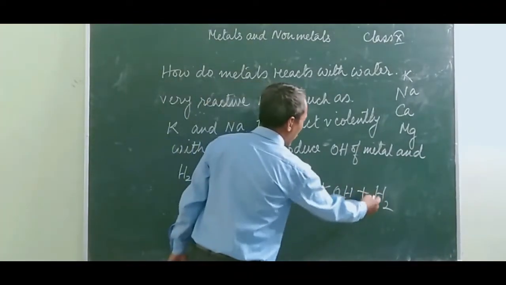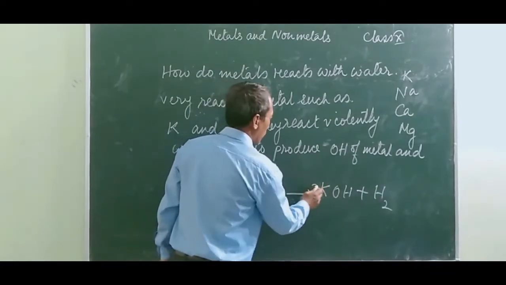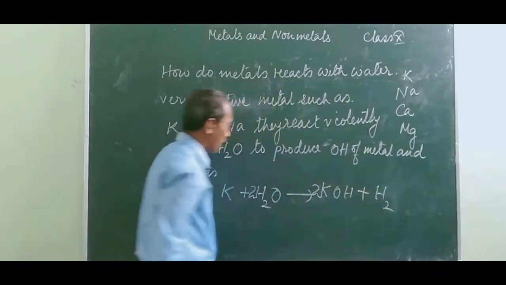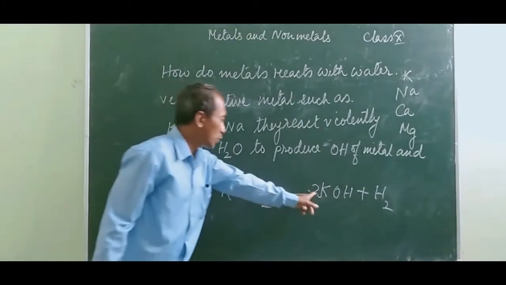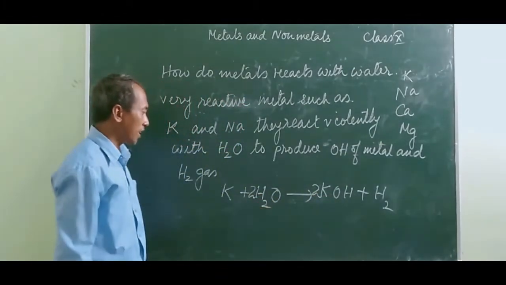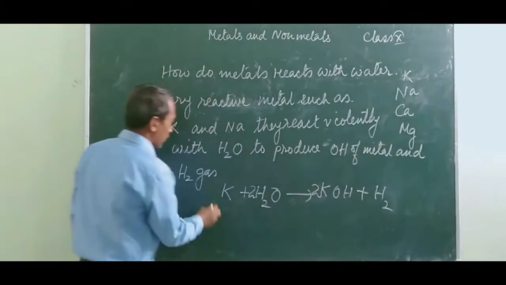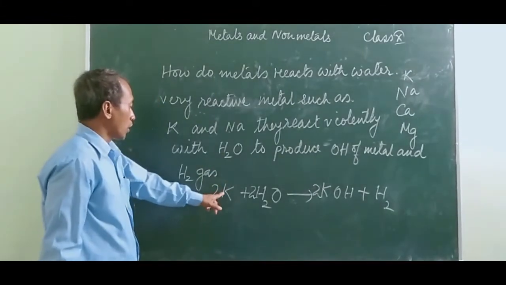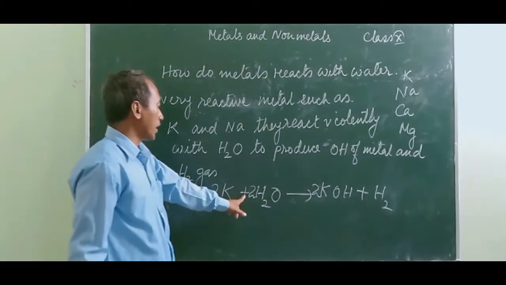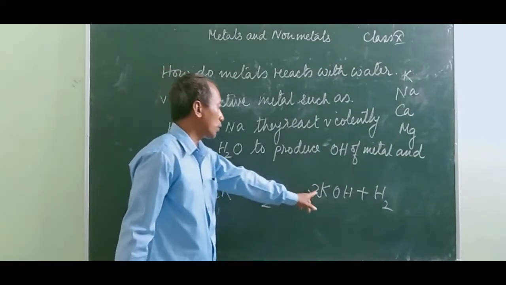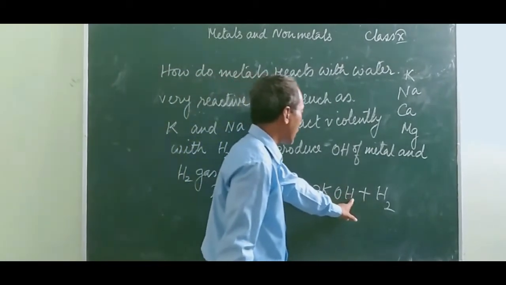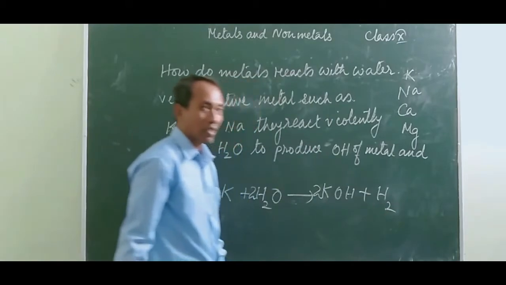Again here it is 3. So you put 2 hydrogen plus 2 hydrogen, 4 hydrogen. It is balanced. 2 oxygen, it is balanced. But here 2 potassium, so here 2 potassium. So 2 potassium reacts with 2 water molecules to produce 2 potassium hydroxide molecules plus hydrogen molecule.